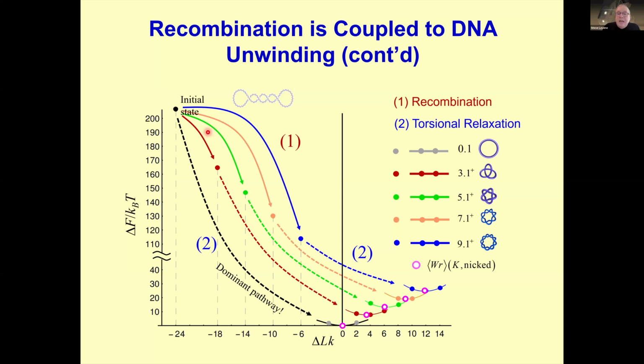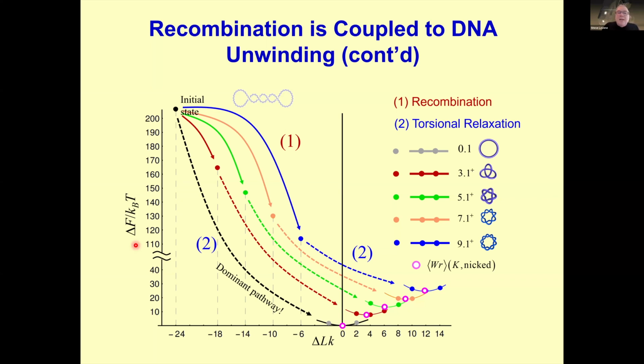But we do also see, of course, other knot types, 3-1, 5-1, 7-1, and so forth. And so these will also have to equilibrate somehow, although they don't quite get to the equilibrium unlinked state. And by the way, these free energies are actually free energies that we know how to calculate rigorously using methods that we've developed previously.